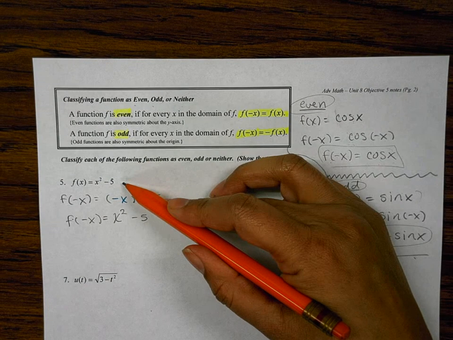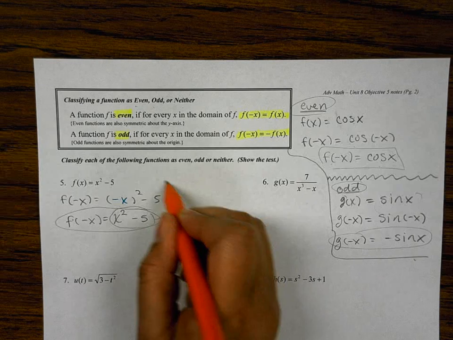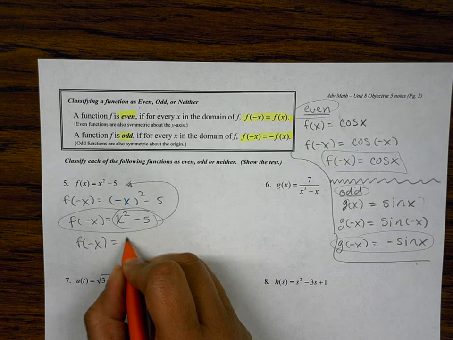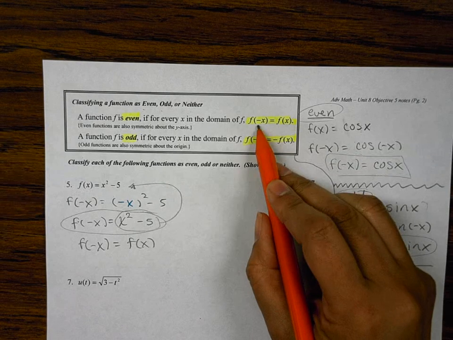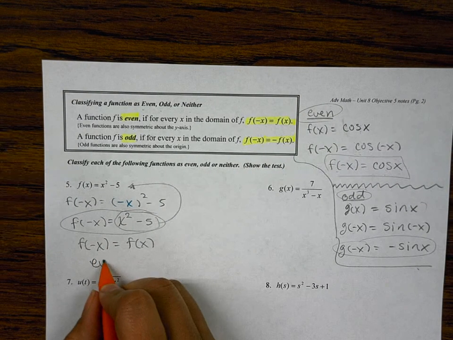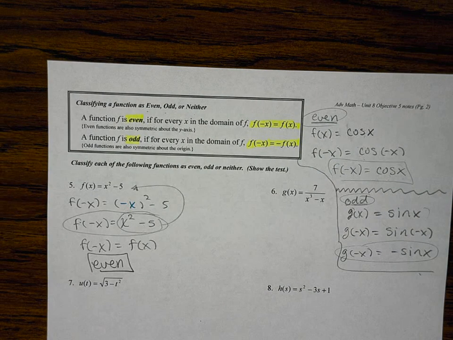F of -x equaled, is it the original or the opposite of the original? Right here, it is the original. Do you see that it is the original function? If you plug in a negative for your x and you end up with the original function, you would call that even.